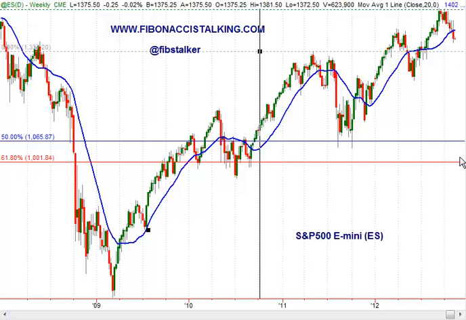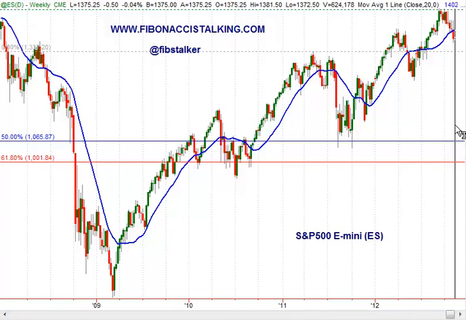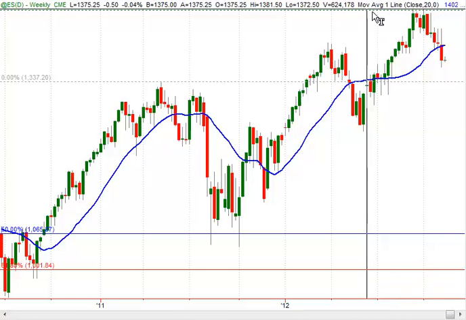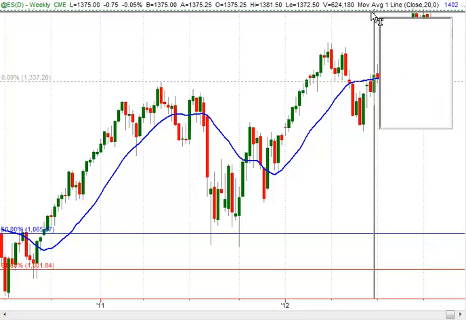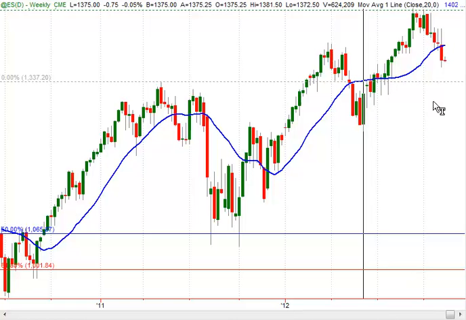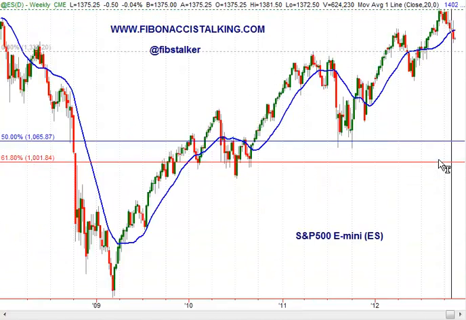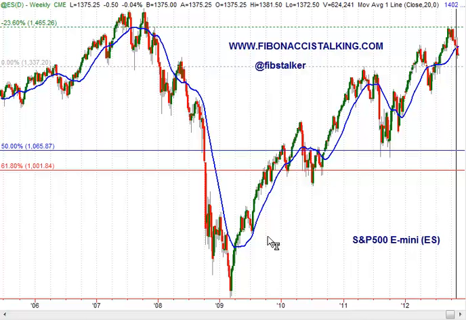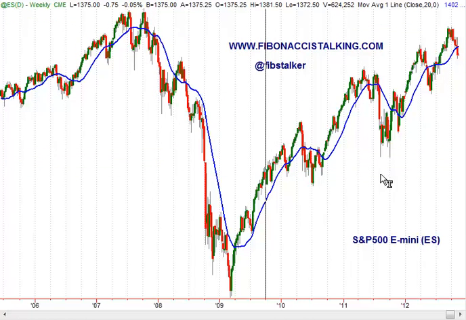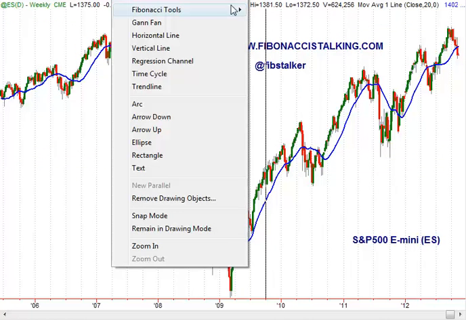The 61% line was never violated, and it's interesting to notice that the first target was really close to the highs we had this year, and that was in the 1460 area. And so as we can see, this 790 area acted as a meaningful anchor for program trading so far.